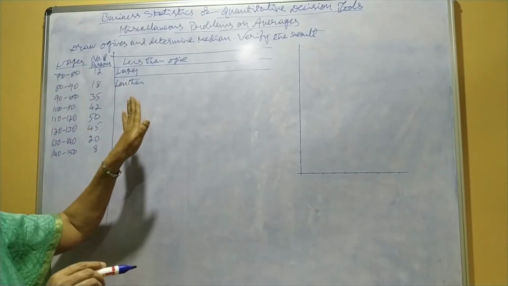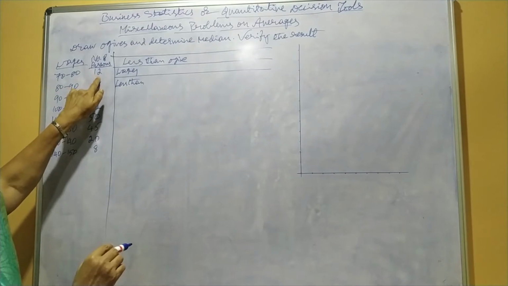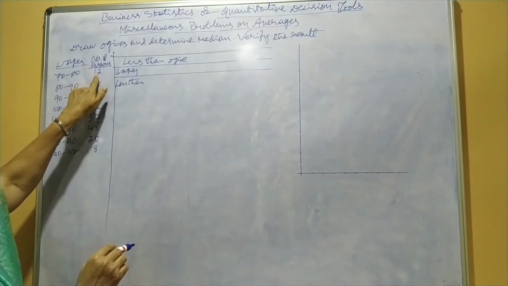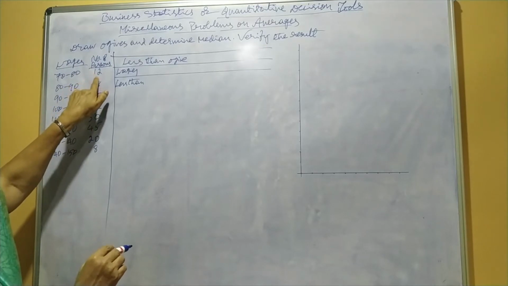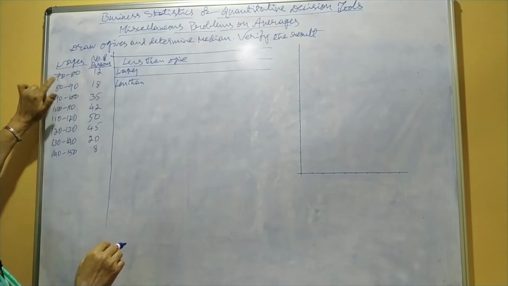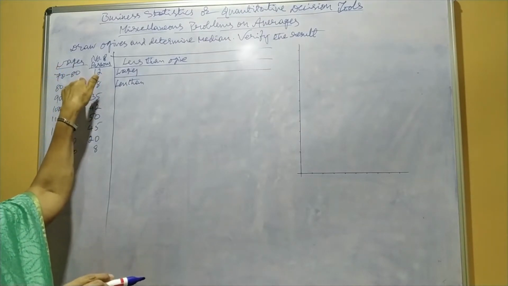But in case of ogive, what does it mean? 12 persons, if you take wages in rupees per hour, 12 persons' wages are more than 70 rupees but less than 80 rupees.